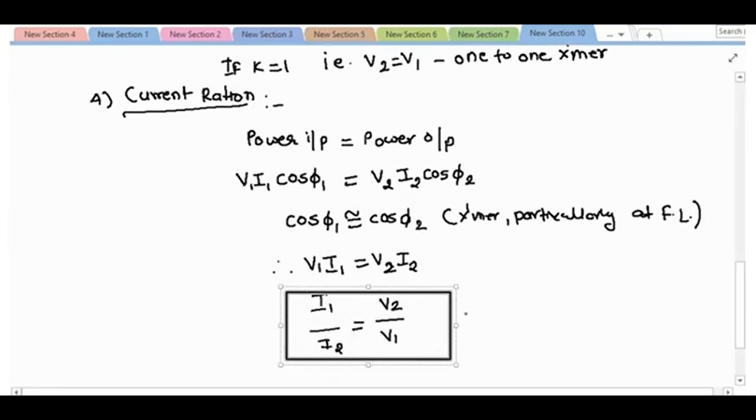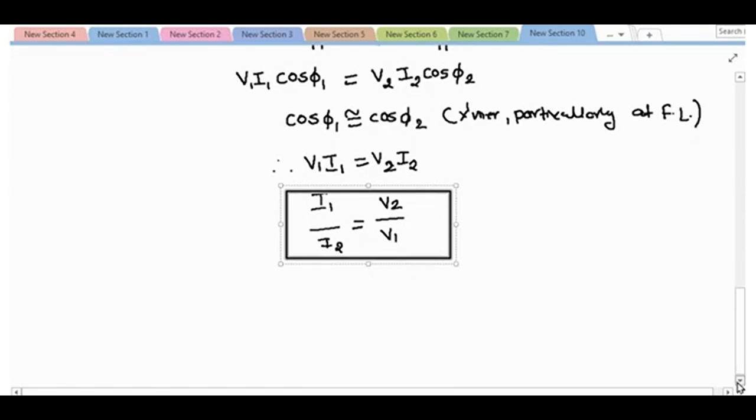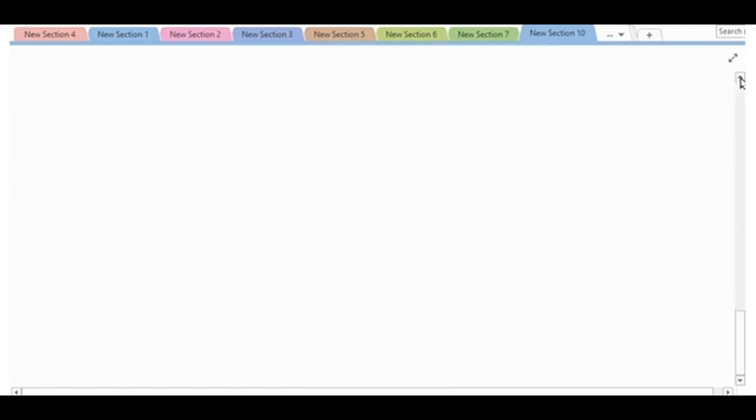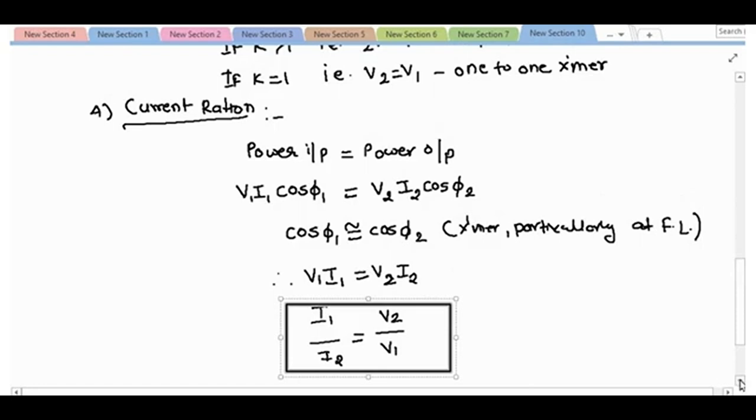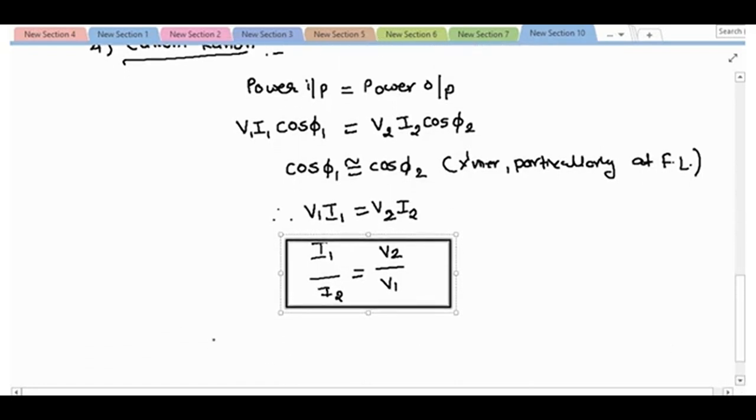So combining the results that we have studied in the upper part, I can write the transformation ratio as follows. What is the transformation ratio K? It is the ratio of secondary voltage to primary voltage, which equals E2 upon E1, which equals N2 upon N1.